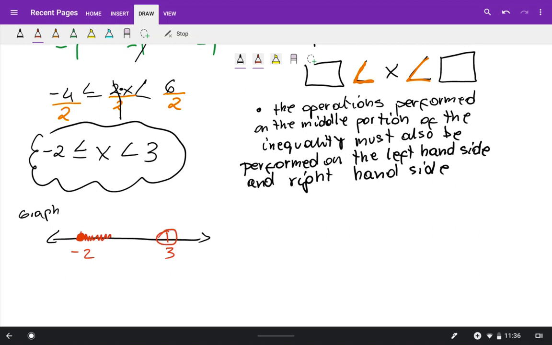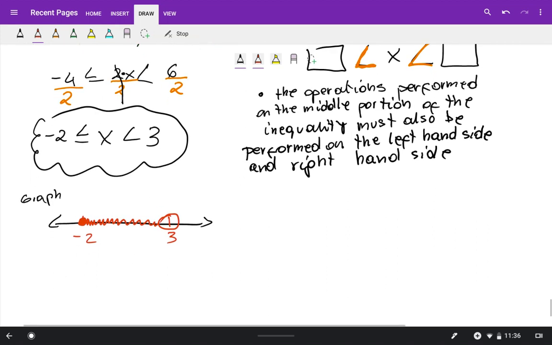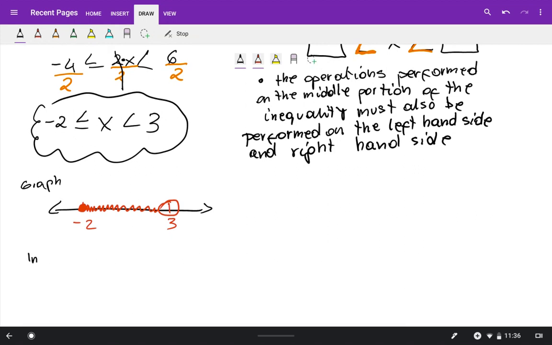And you're shading everything between -2 and 3, including -2. And interval notation will be bracket -2, comma 3, parenthesis.